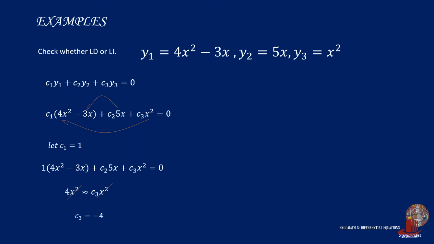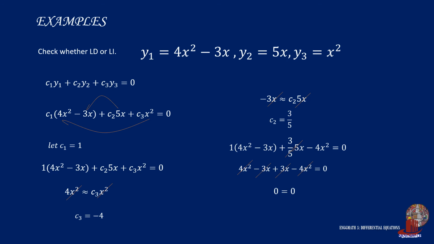Similarly, 1 times 3x should cancel out with C2 times 5x, which shows that C2 will be equal to 3/5. So we identified all constants to make the equation be equal to 0. Let's check. Placing all constants into the equation will make it turn into 4x squared minus 3x plus 3x minus 4x squared is equal to 0, where we can cancel each term, giving us 0 is equal to 0. So the functions are linearly dependent.